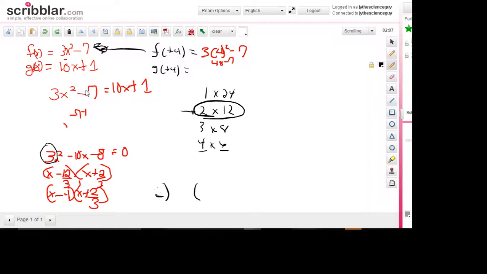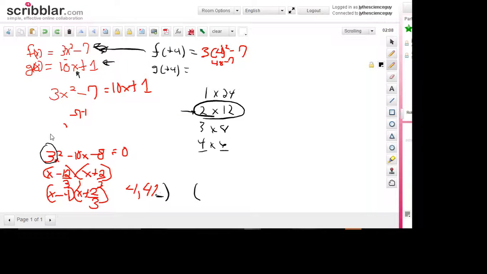So how would you write the ordered pair? It looks like it would be 4 and 41. Now I want to show you something. You see how this equation is linear because it doesn't have a square term in it? What if I stick in 4 there for x?